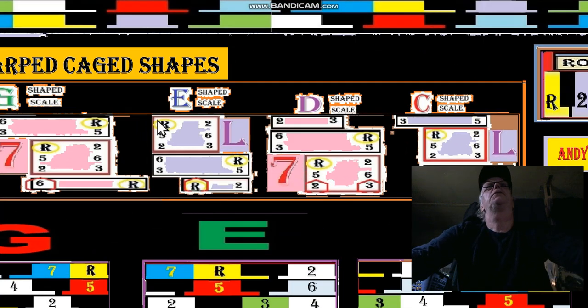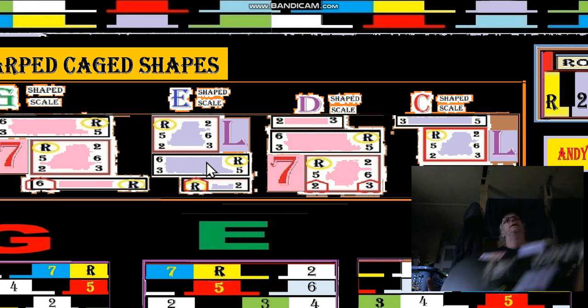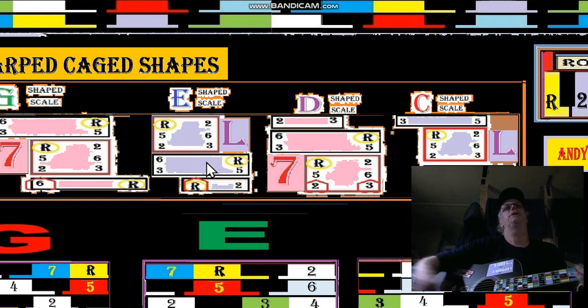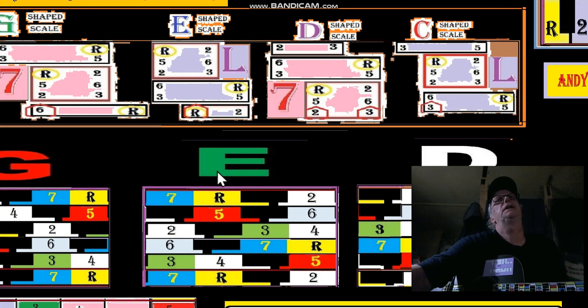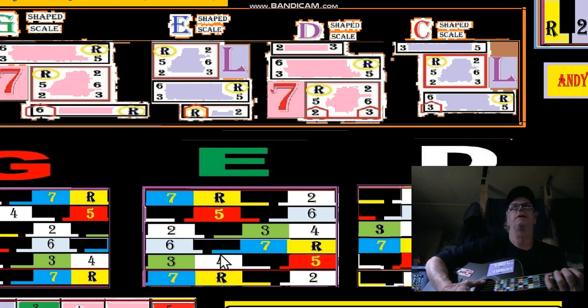So the whole thing is based on the pentatonic scales. So for the E shape, it doesn't matter what you started on, but in the key of C, it's going to start on the 7, which is a blue note here. But I'm going to start it on the root because the pentatonic starts on the root.